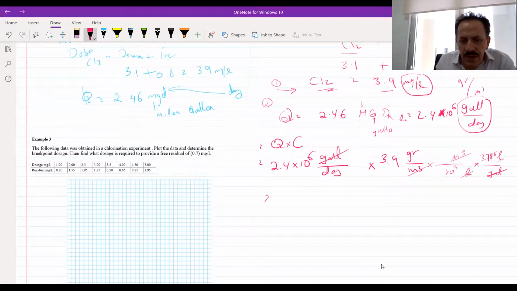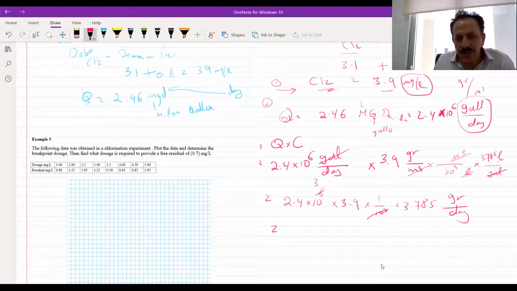So what should I have? It's equal to 2.4 times 10 to the power 6 times 3.9 times 1 over 10 to the power 3 times 3.785, and it's gram per day. Am I right? So 10 to the power 6 over 10 to the power 3 will be 10 to the power 3.